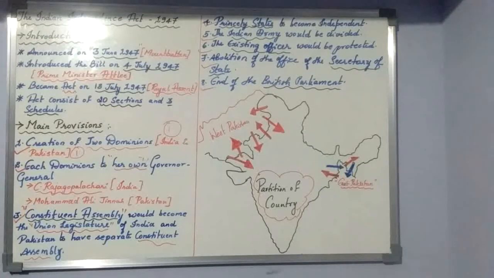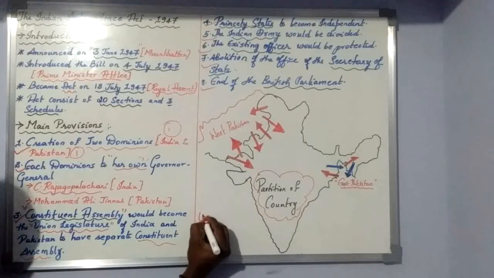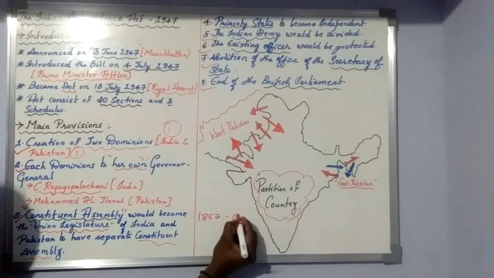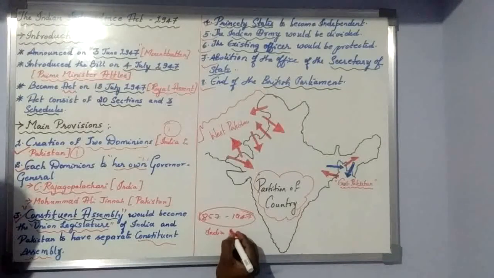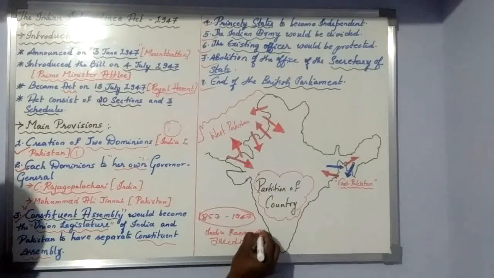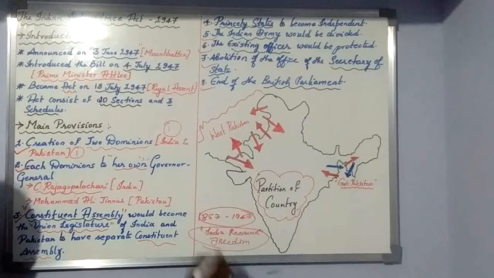With this, from 15th August 1947 onwards, our country was recognized as an independent country. So that's how, after a long struggle from 1857 to 1947, India finally received freedom. So that's the topic which we have already covered.